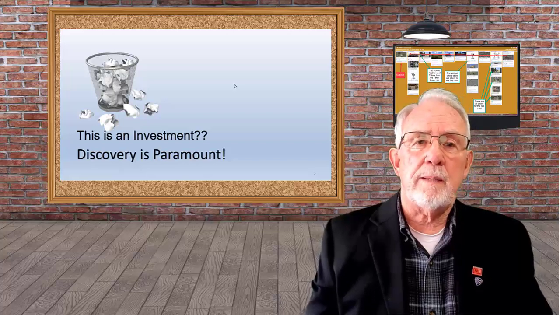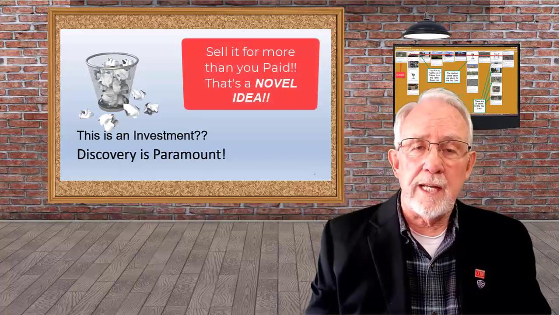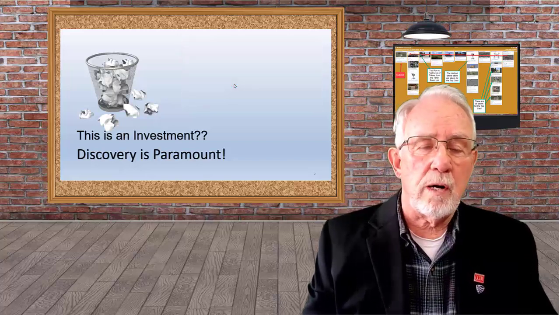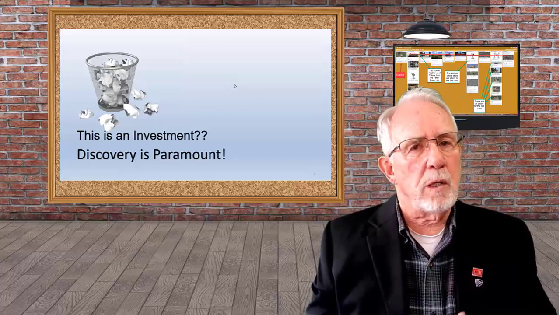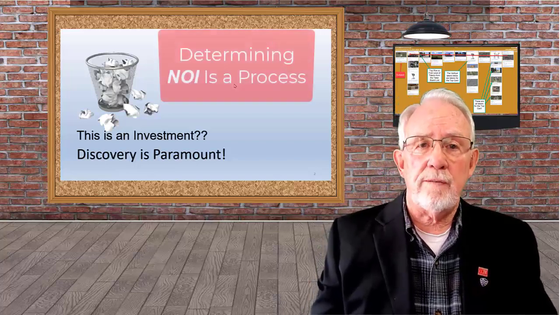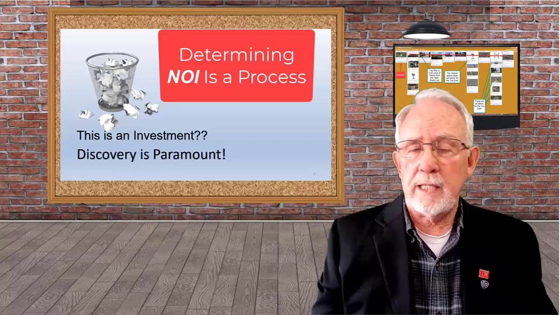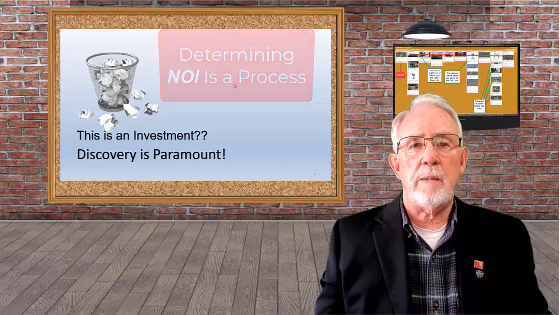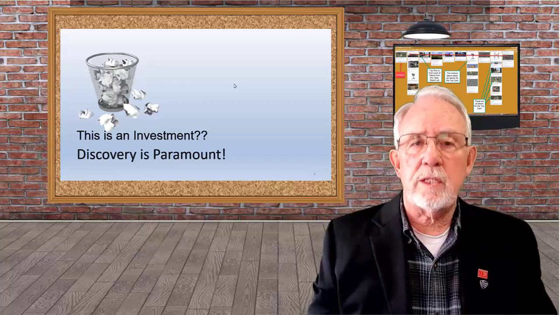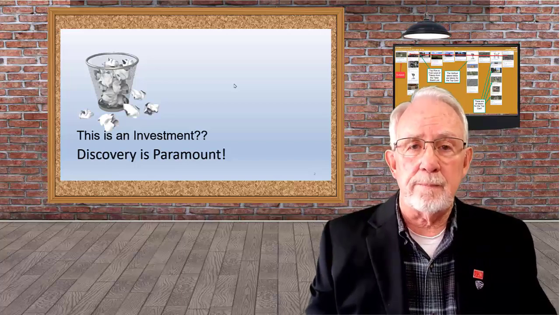You want to be able to sell it for more than you gave for it. And so an investment comes with its own set of criteria. And one of the most important things in this set of criteria is discovering the NOI. That's paramount. That's what it's all about, is net operating income, because everything else depends on net operating income.